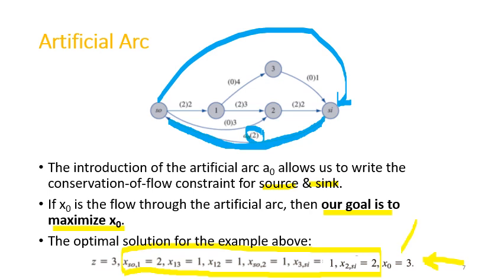And if you look at x0 equals 3, you instantly know that the maximum amount of oil that can flow through this network is 3. I'm not going to talk about how we can get this optimal solution yet, but this is just about how to read an optimal solution, especially reading this x0 equals 3 part. So this is the maximum amount of oil that we can flow from source to sink.